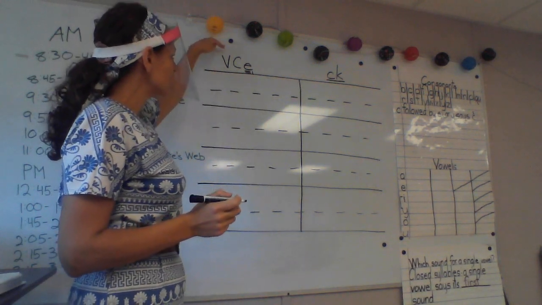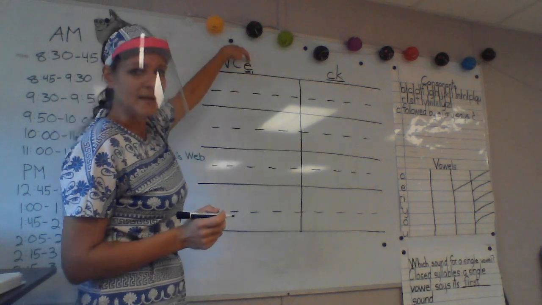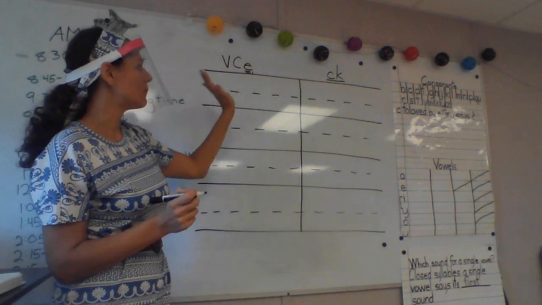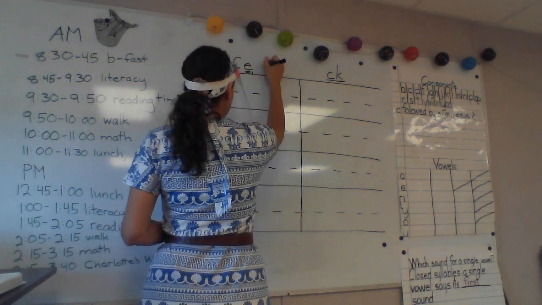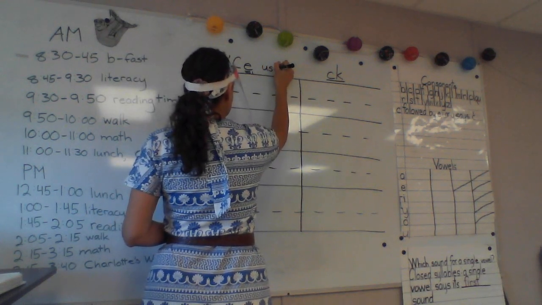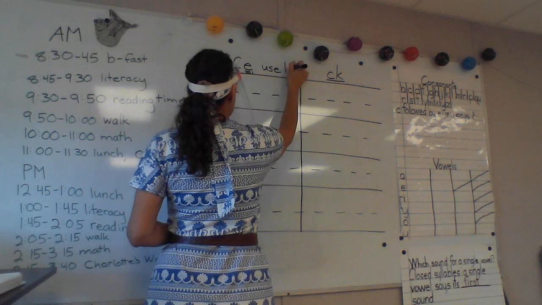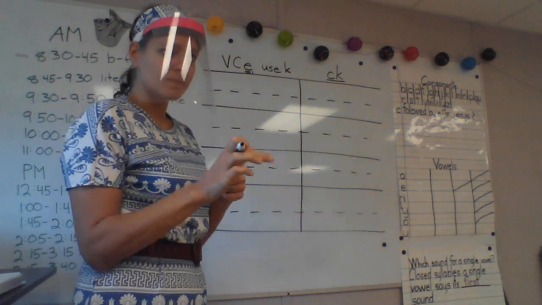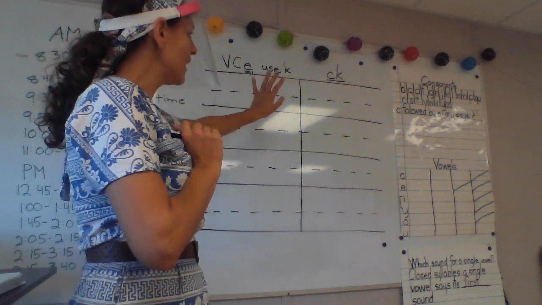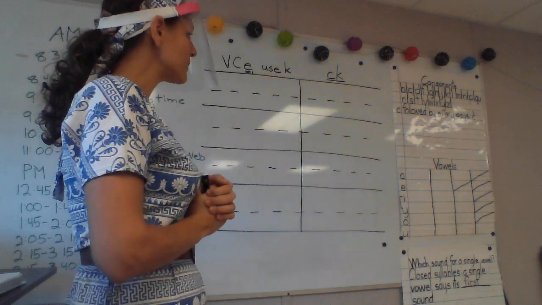So this is saying when we have a vowel and a consonant and then a silent final E, job 1. And then I'm going to write use line letter k. All right. So make sure your labels look like mine.